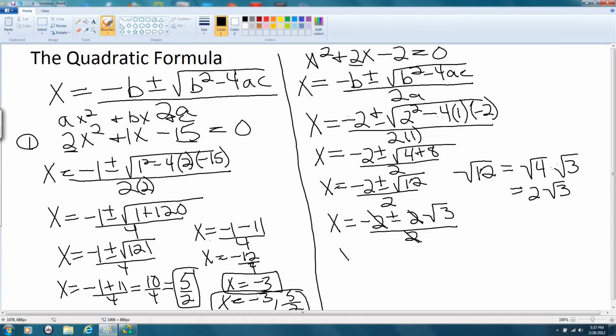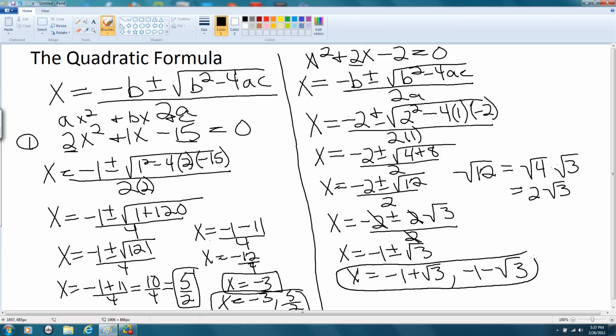And so x is equal to negative 1 plus or minus the square root of 3. So x is either going to equal negative 1 plus the square root of 3, or x is going to equal negative 1 minus the square root of 3. And those are our two answers.